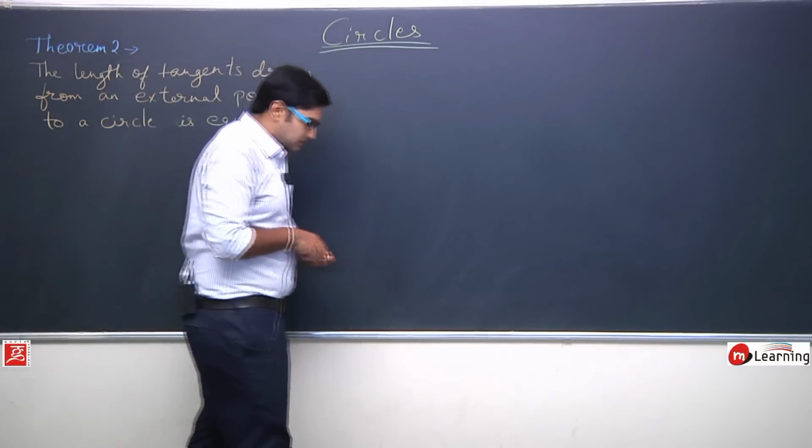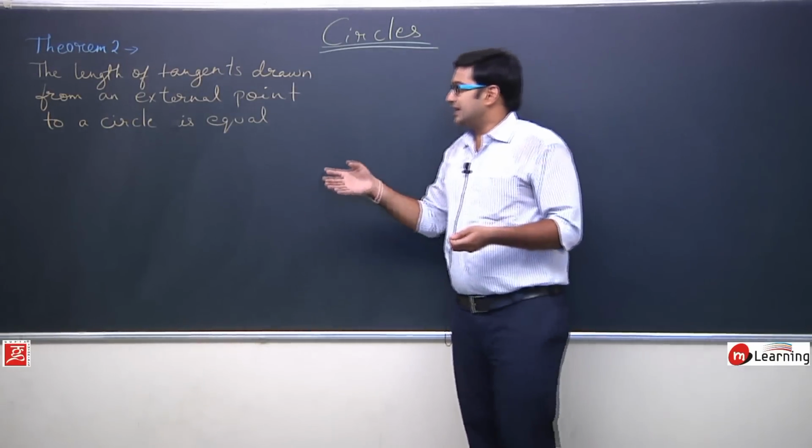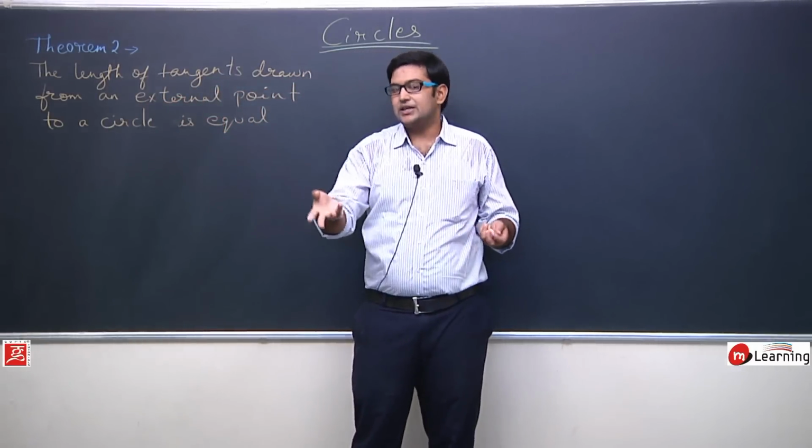Okay, so the statement of this theorem is very simple. It says that the length of the tangents drawn from an external point to a circle is equal.